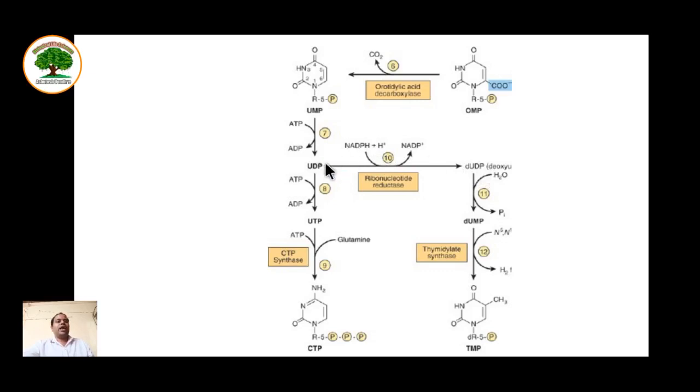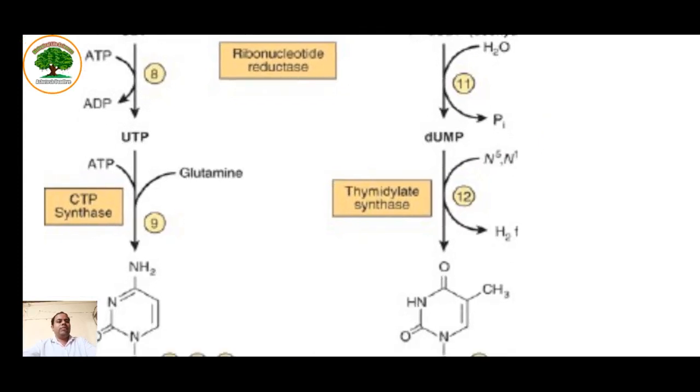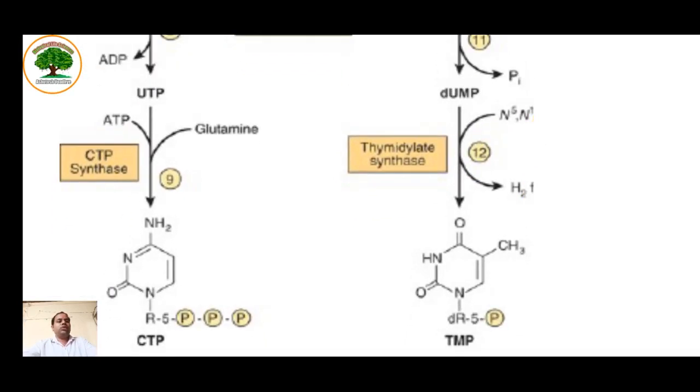It is converted into dUMP, and using the thymidylate synthetase enzyme, this dUMP is converted into TMP, that is thymidine monophosphate.